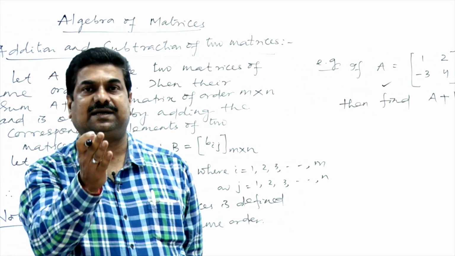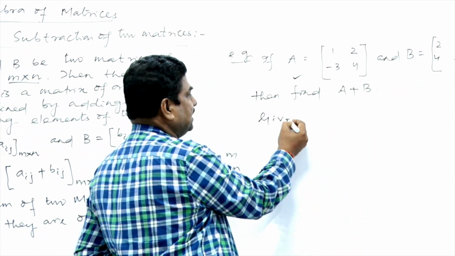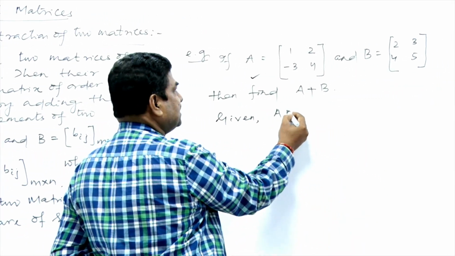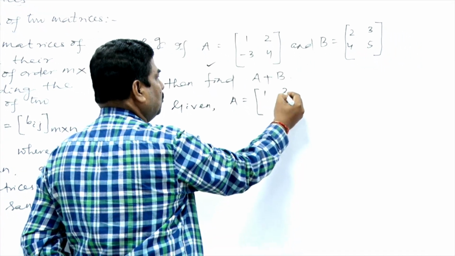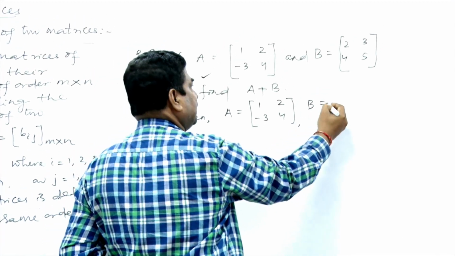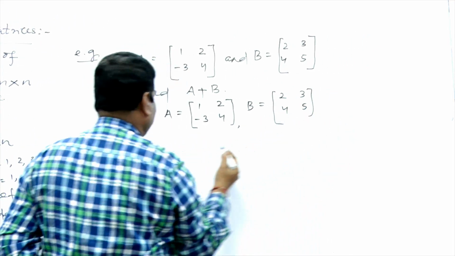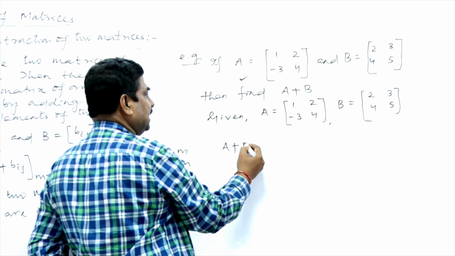Given A equals 1 2 minus 3 4, and B is given as 2 3 and 4 5. We find A plus B.